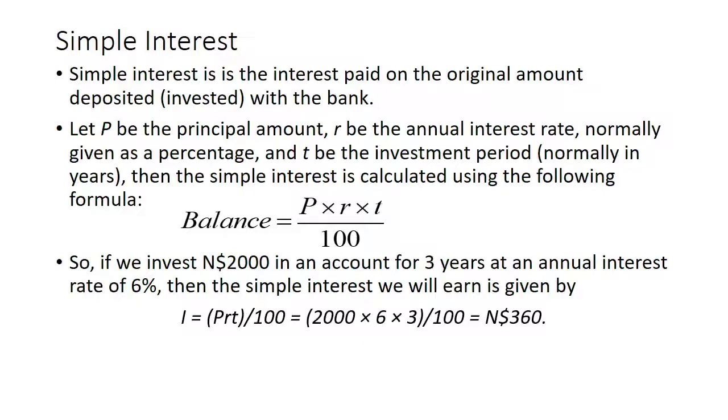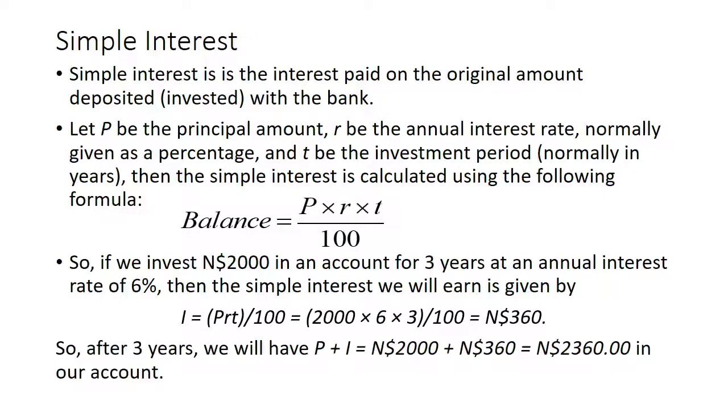If you now want to find the total balance in your investment account, you will have the money that you put in, the 2,000, plus the interest that you've earned, which is 360, and you get 2,360 after 3 years. That is simple enough.